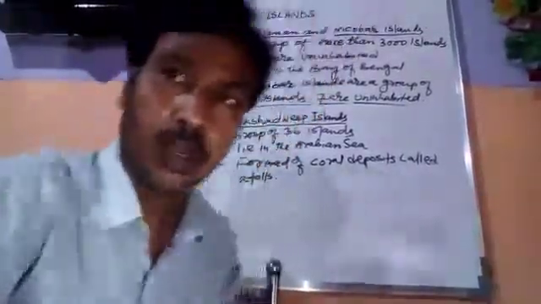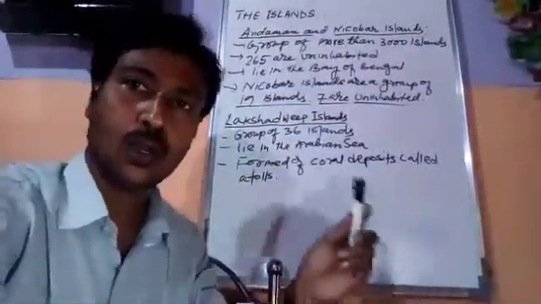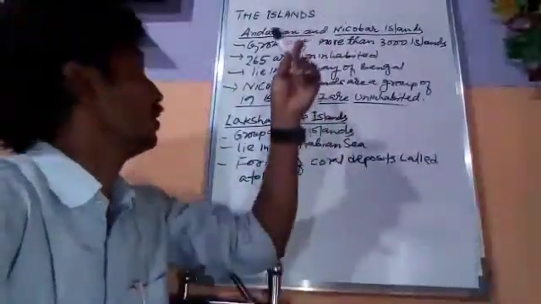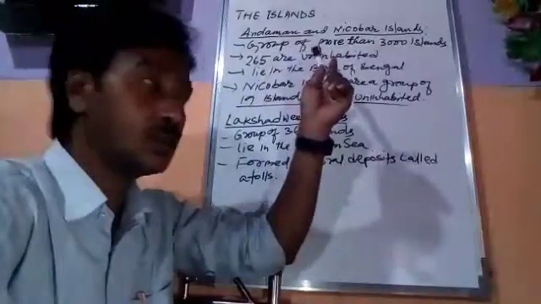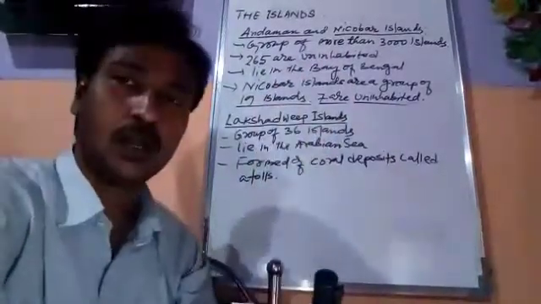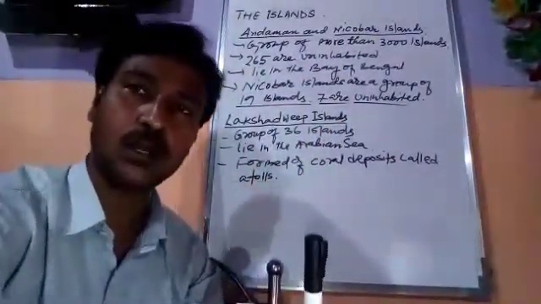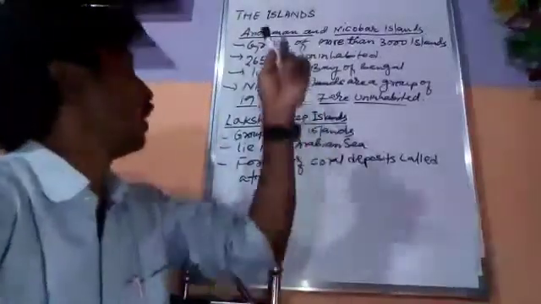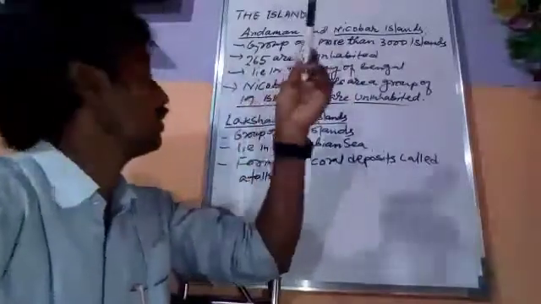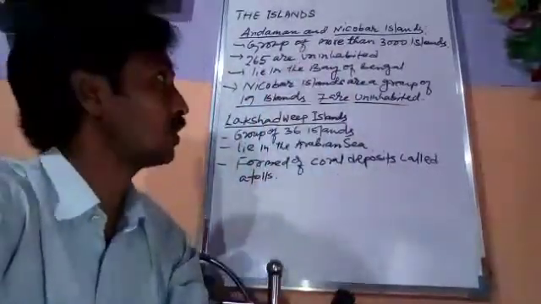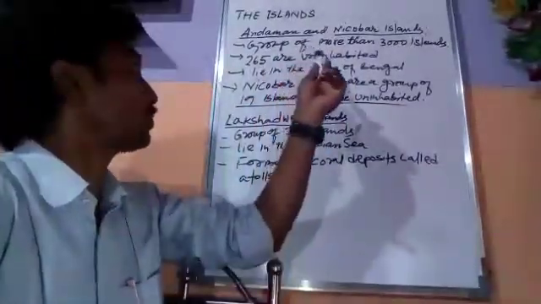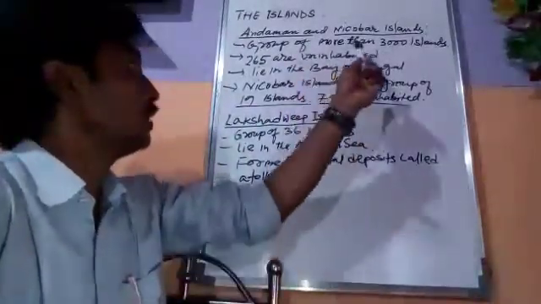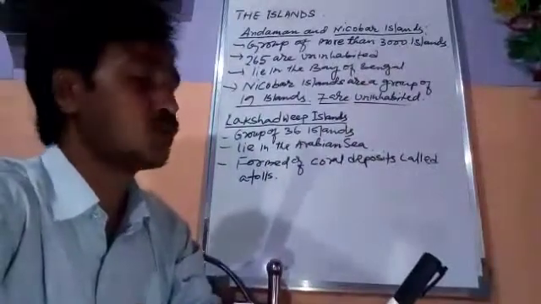Students, about the islands, we have two island groups in India: the Andaman and Nicobar Islands and the Lakshadweep Islands. So these are not two islands. Students, remember, they are two island groups. The Andaman and Nicobar Islands are located in the Bay of Bengal, and are a group of around 3000 islands.